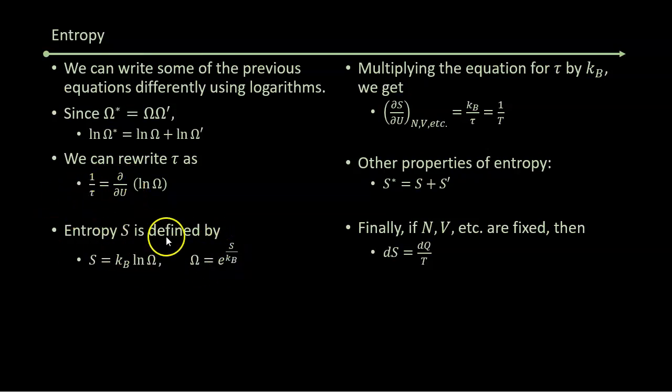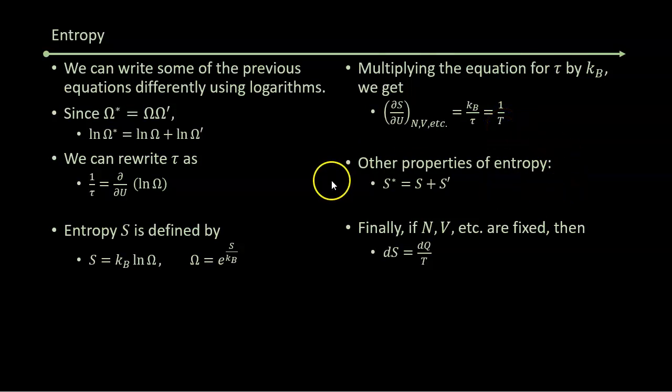So now let's take the partial of the entropy with respect to the energy, keeping all other variables constant. Well, we get kB times the partial of the log, and I already know the partial of that is 1 over tau, so we get 1 over the temperature. So the partial of entropy with respect to energy is 1 over the temperature.